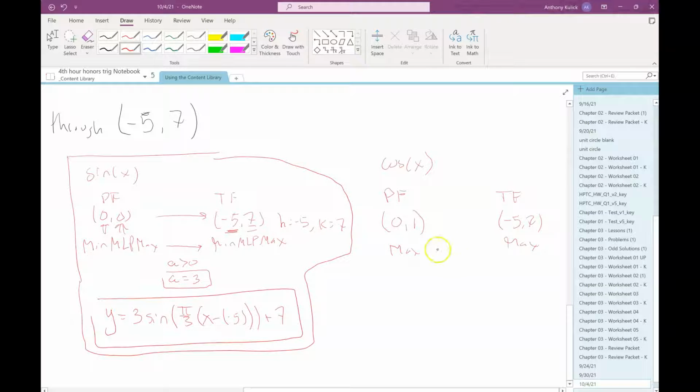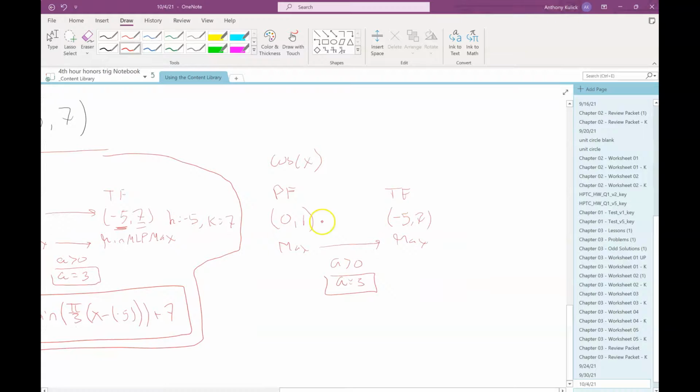So why wouldn't I just pick it to be a maximum? So that gives me a positive 3 for A. Because the x-coordinate is 0, I know H is negative 5. The K, though, is not going to be quite as trivial.